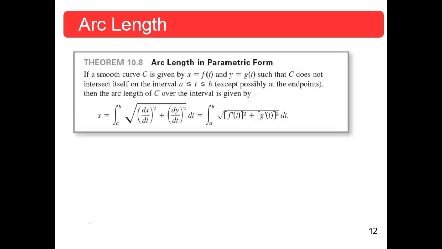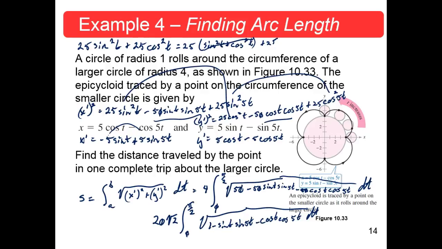such that C does not intersect itself except possibly at the endpoints. But look at that. It says, if a smooth curve C, okay? Guess what? Going from 0 to 2 pi is not a smooth curve, because each of those is not smooth.